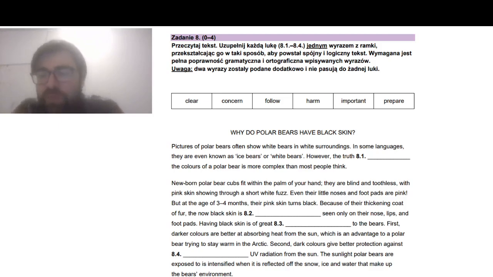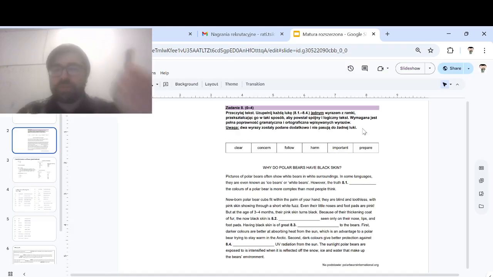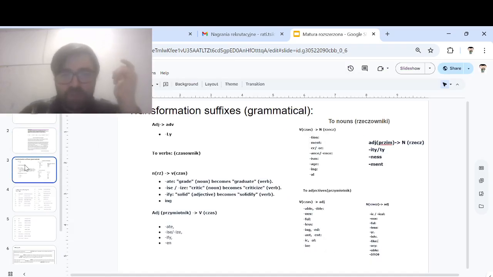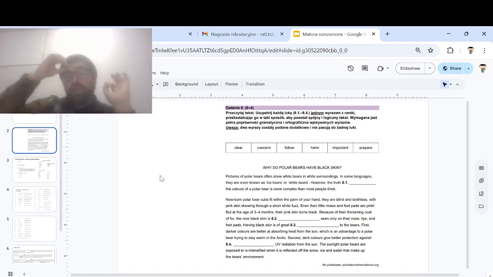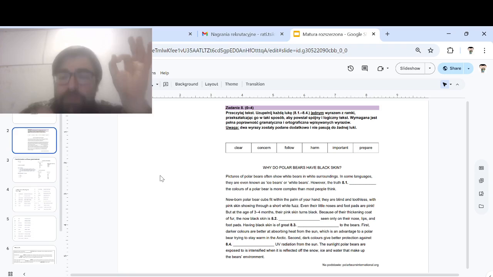It is followed by a verb, and before it also comes a verb. So that means this thing describes the verb. And which part of speech describes the verb? It's an adverb. Okay, so we already know we have an adverb here.